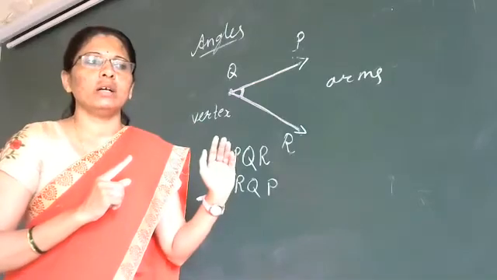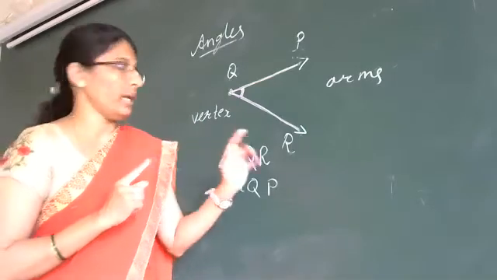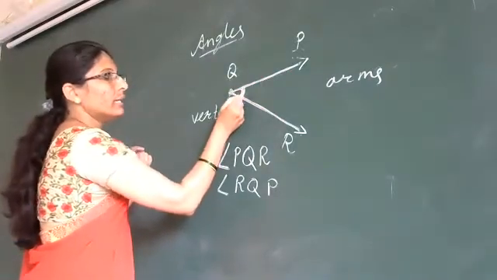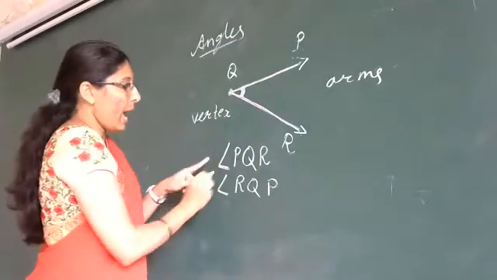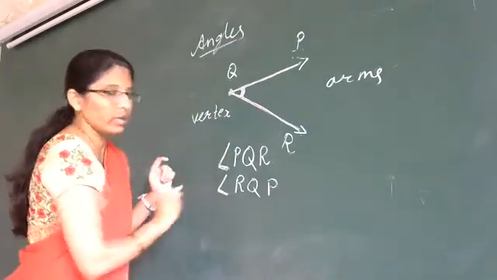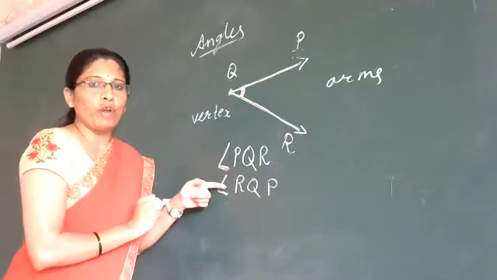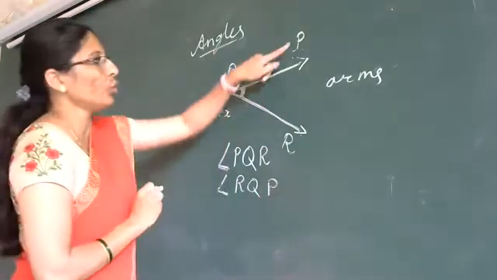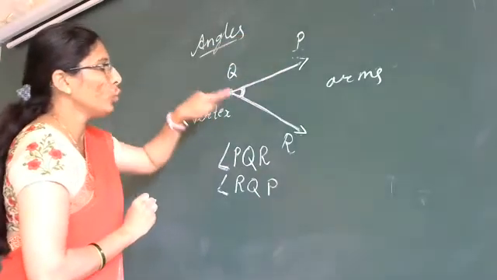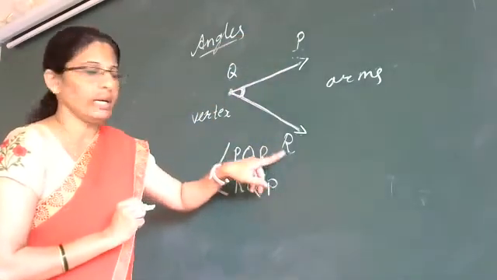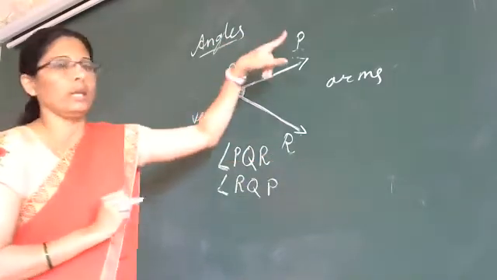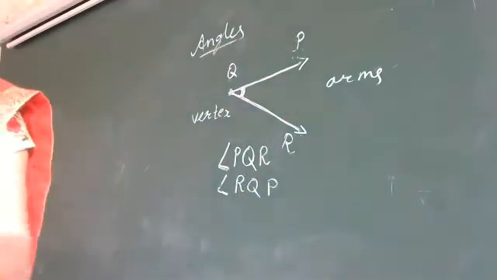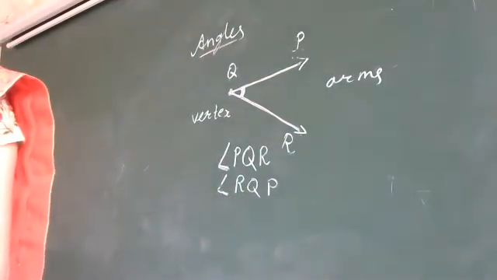By joining two rays, we get this angle. This is the symbol for angle. So always when we are reading an angle, we have to read it as angle PQR or angle RQP. Any one method, you can read. Till here you understood?